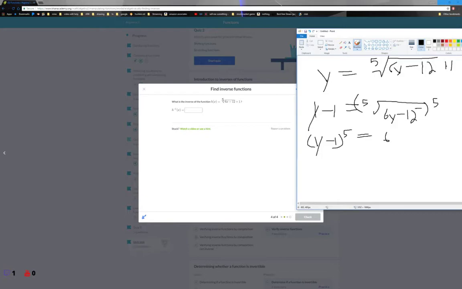equals 6x minus 12. So now we're going to add the 12 to the other side, so it's going to be y minus 1 to the 5th plus 12 equals 6x.